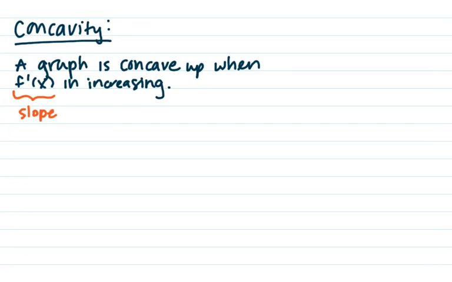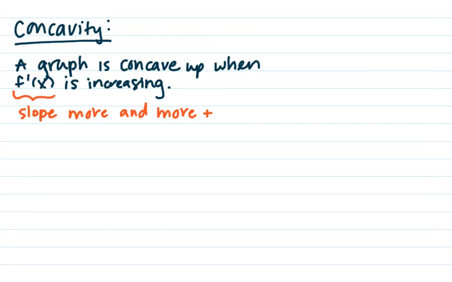And so if the slope is increasing, that means it's becoming more and more positive. So what does this look like graphically?